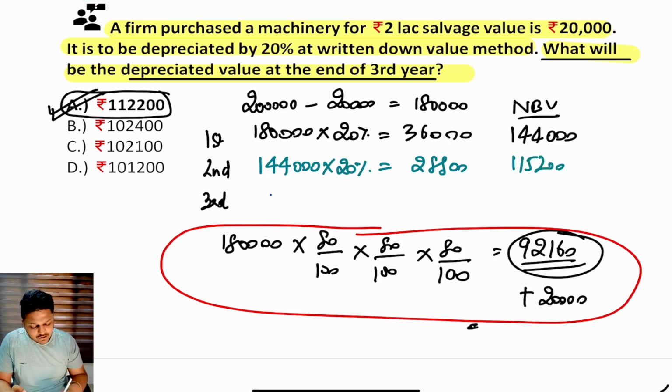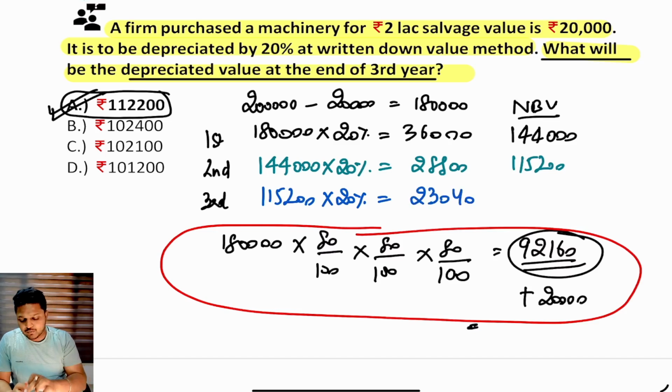Now we have to solve for the third year. So it is 1,15,200 multiplied by 20%, which is equal to 23,040. So it will be 1,15,200 minus 23,040, that is the same, 92,160.